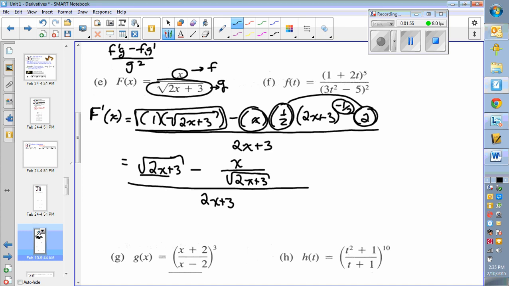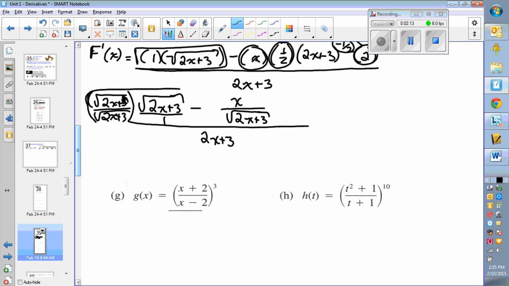Now I will get a common denominator in the numerator. So I will multiply this first term by square root of 2x plus 3 over square root of 2x plus 3. So what I will get in the numerator here is just 2x plus 3 over the root, minus x over root 2x plus 3.